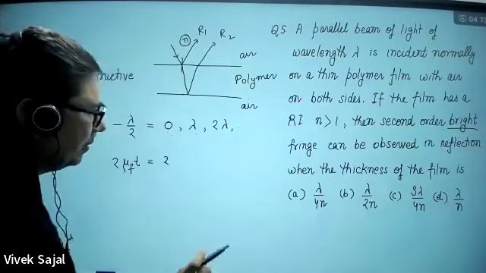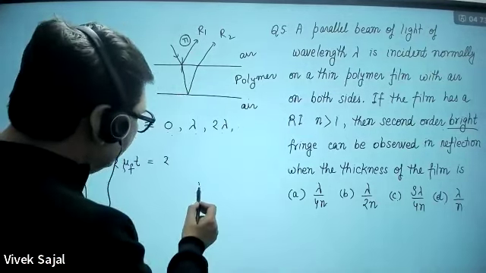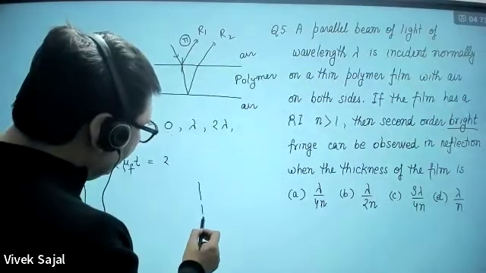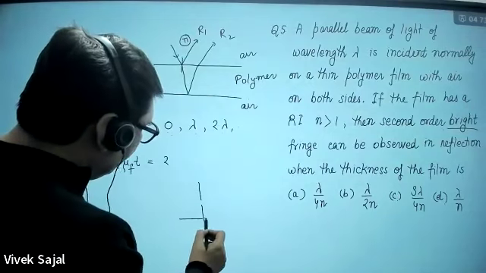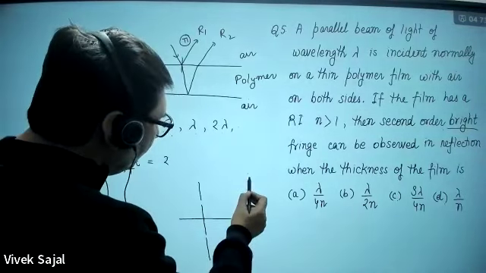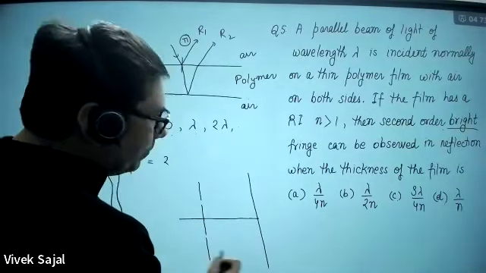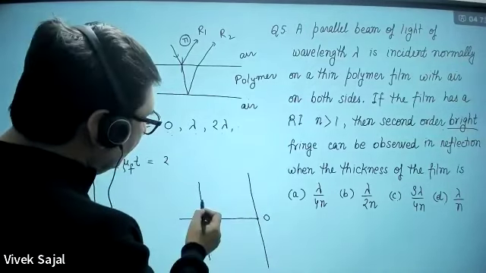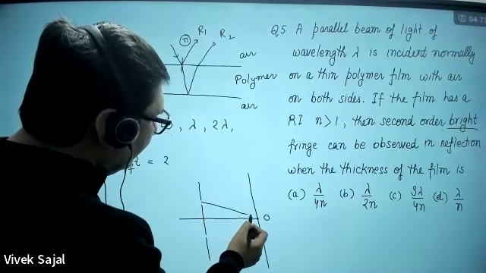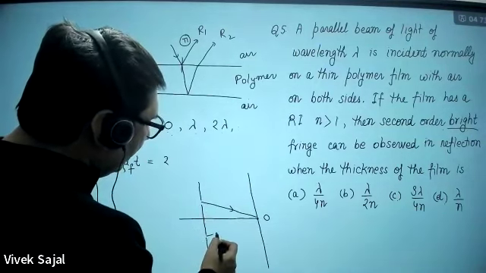Here, try to understand one thing. If you have Young's double slit experiment, you call it 0th because both the waves were traveling exactly equal paths.